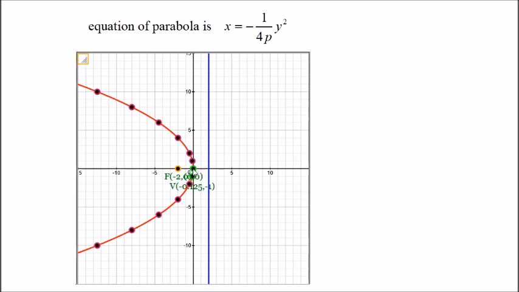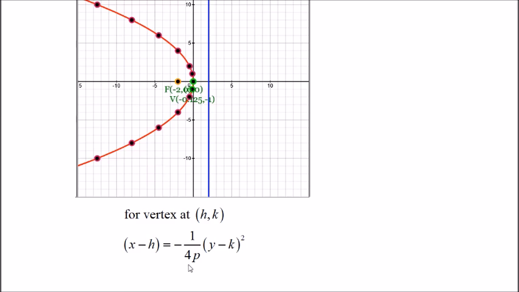And once again, if the vertex is not located at 0, let's say the vertex is at some point (h, k), then the equation will be x minus h equal to negative 1 over 4p times (y minus k) squared. And it will look like this.